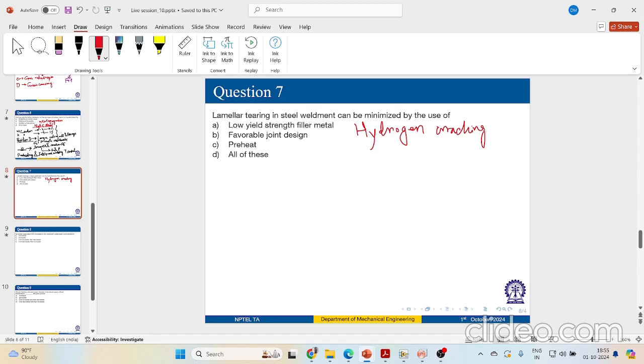So, high temperature transformation. What are some high temperature transformations in steel?